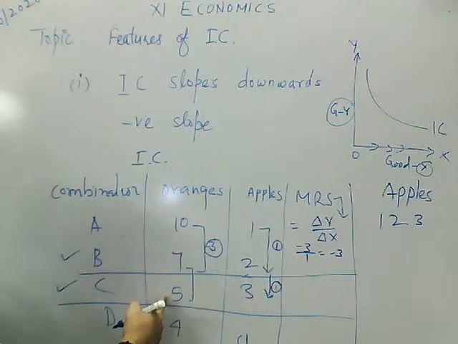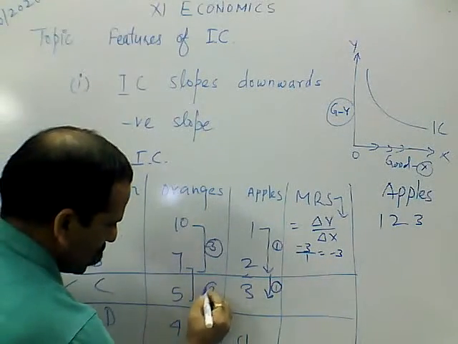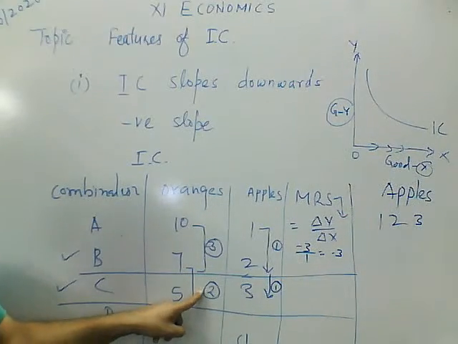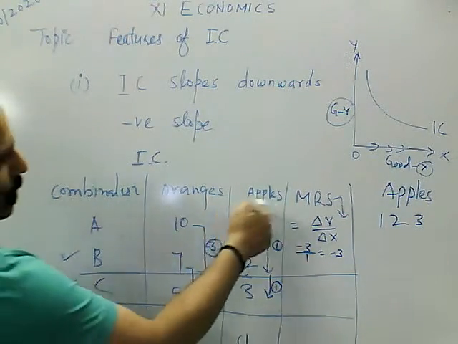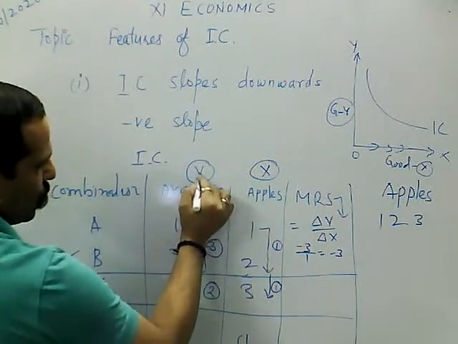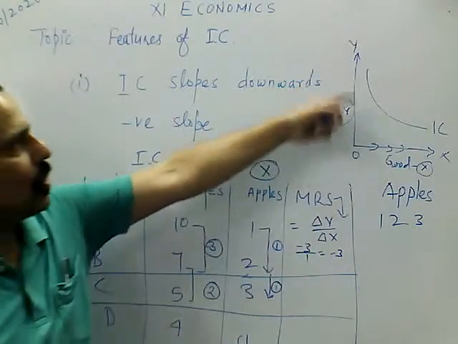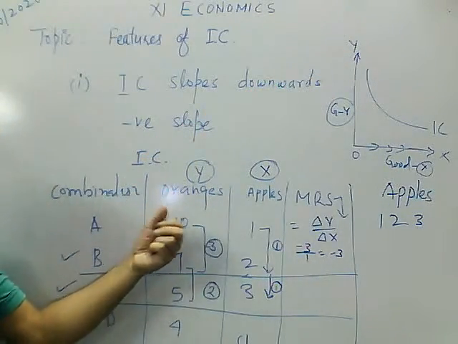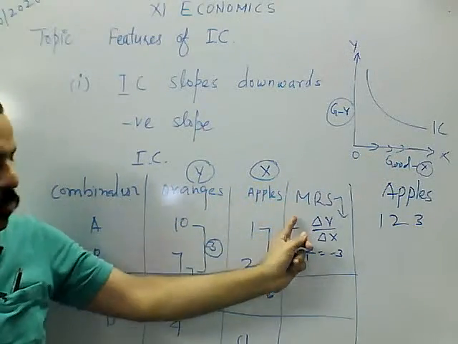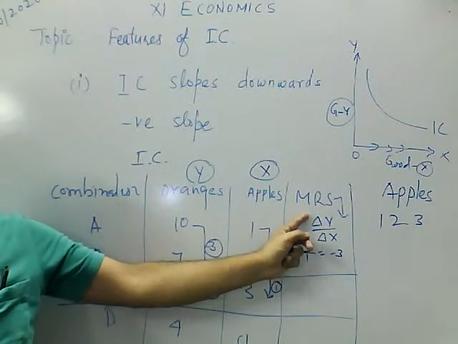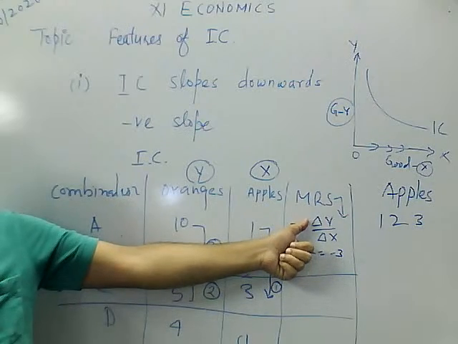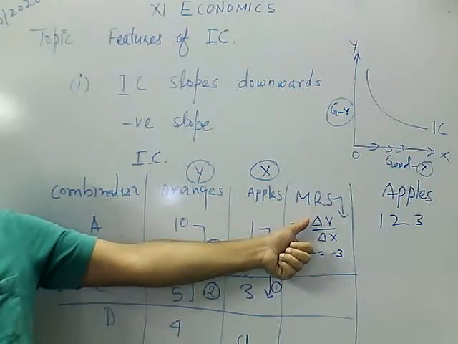So 7 to 5 means a sacrifice of 2 units, so change in Y. We are taking X for apples and Y for oranges, because on the OY axis we are taking oranges and on the OX axis apples. This concept I will be teaching once again, but try to understand right now.